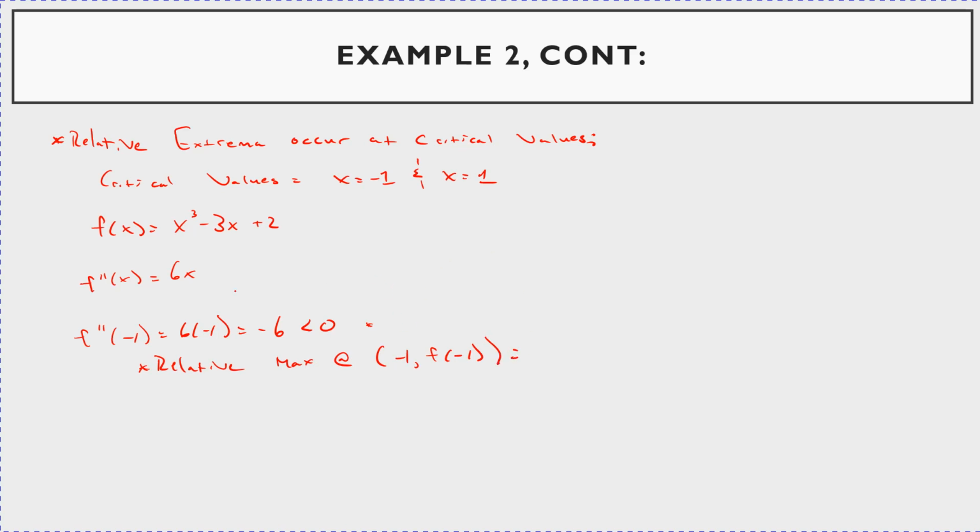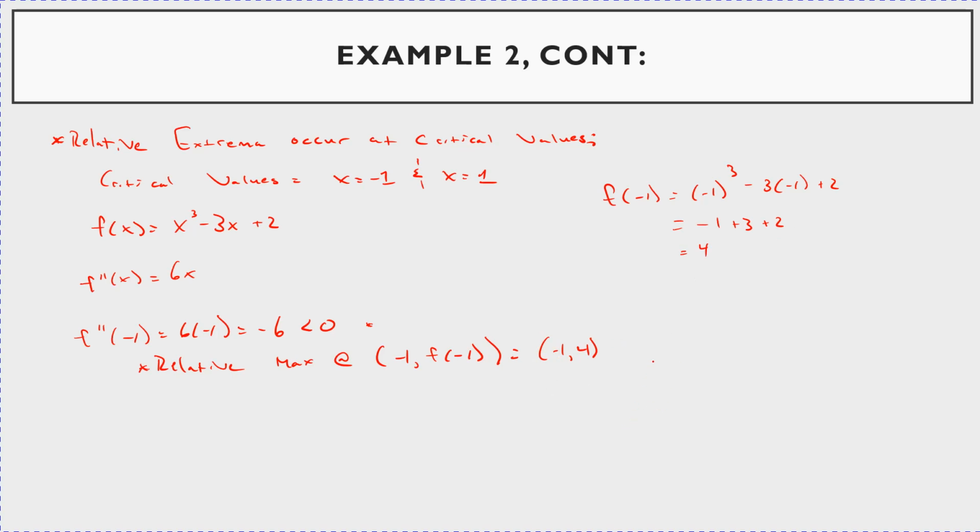All right, well, if you plug -1 into this, f of -1, you get -1 cubed minus 3 times -1 plus 2. Well, that gets me -1. This becomes +3 plus 2. So that gets me 4. Okay, so we have a relative max at -1, 4.